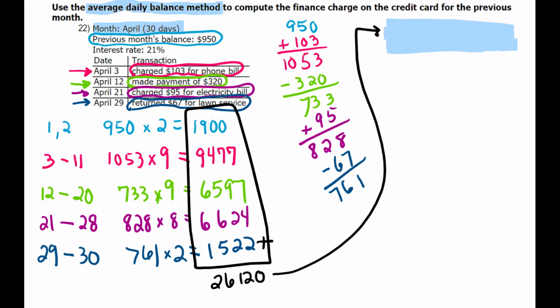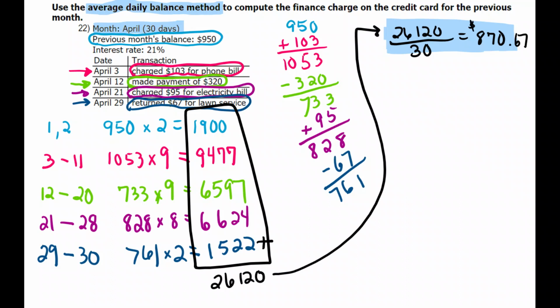All right, the average daily balance will be the 26,120 divided by the 30 days in the month of April, and that to the nearest penny comes out to be $870.67. That is your average.